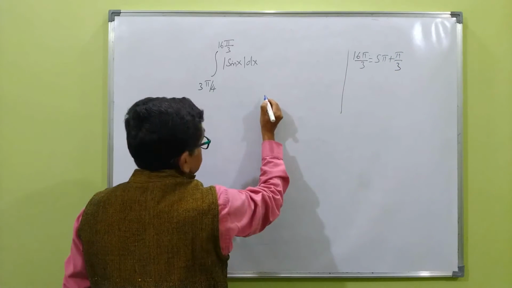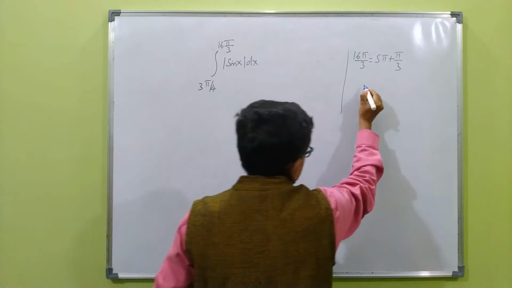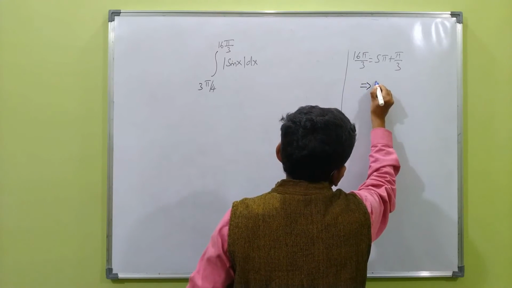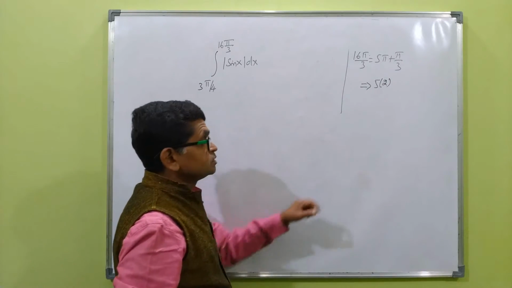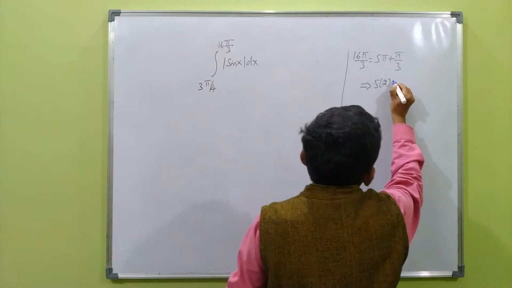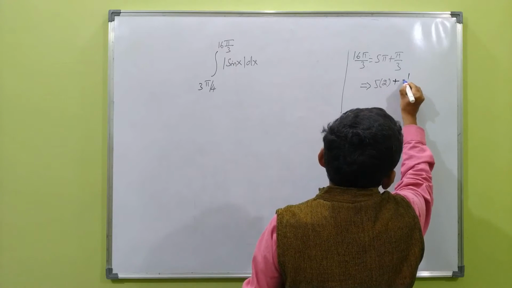So this implies 5 plus 2 into 2 plus, this will be 1 by 2.